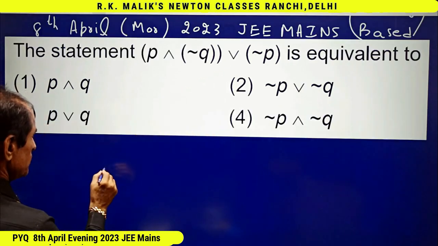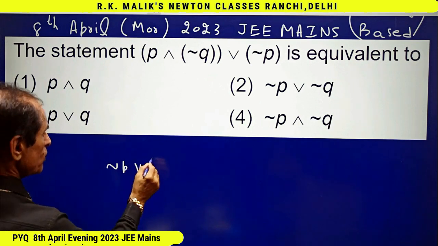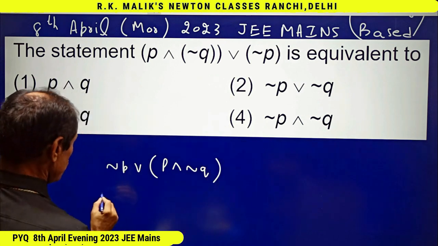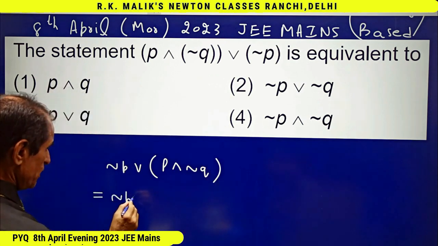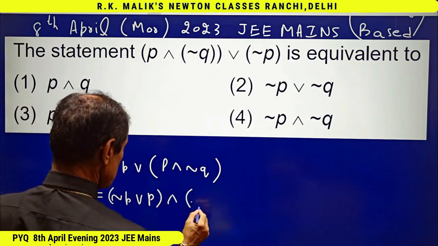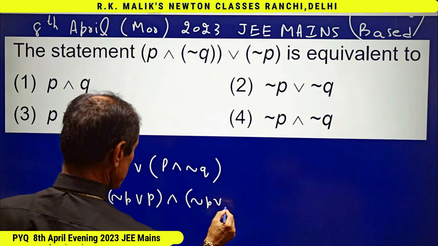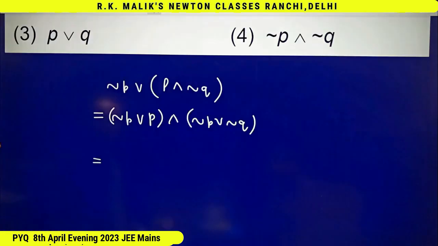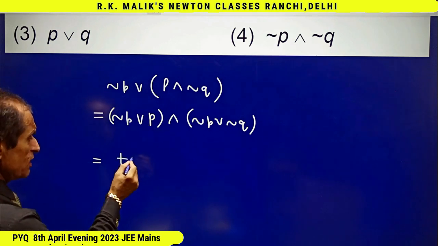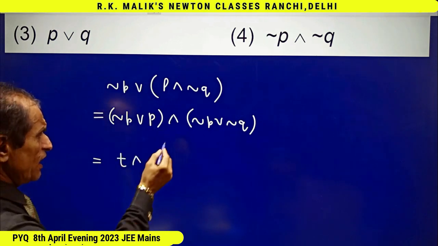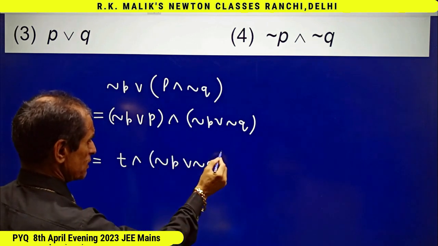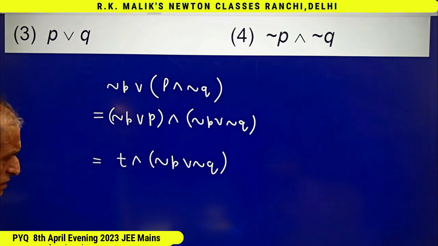Hence, writing it as negation P or P and negation Q, I get negation P or P and negation P or negation Q. Negation P or P is clearly a tautology, and tautology and any statement is same as that statement.